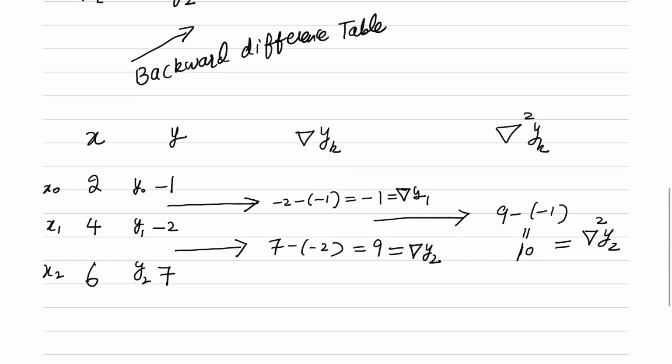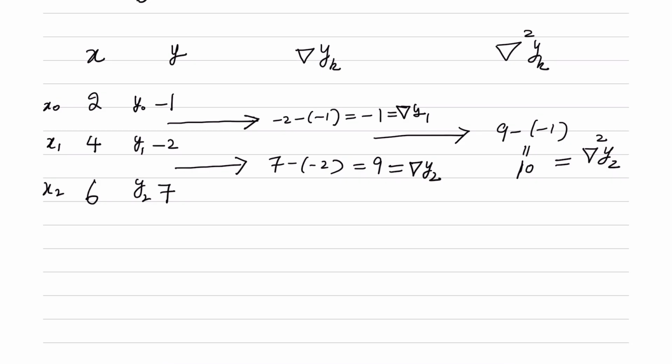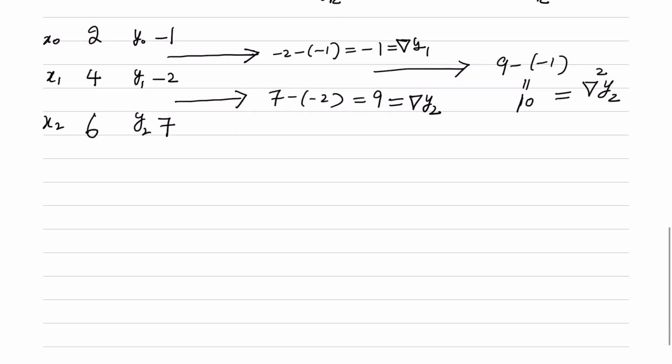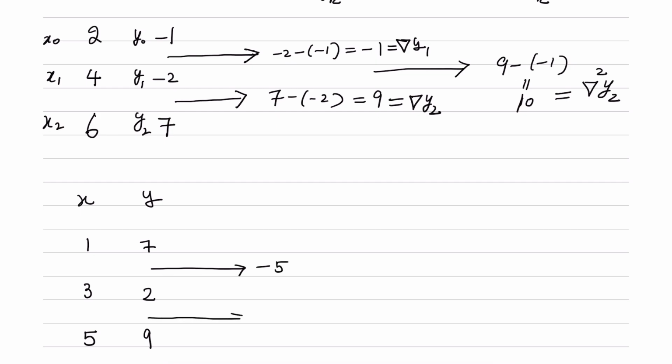So this is how we can construct the backward difference table. Let's quickly construct a backward difference table for another equally spaced data. We have x values 1, 3, 5 and y values 7, 2, 9. Constructing the table: 2 minus 7 is minus 5, 9 minus 2 is 7, and 7 minus minus 5 is 7 plus 5, which is 12.